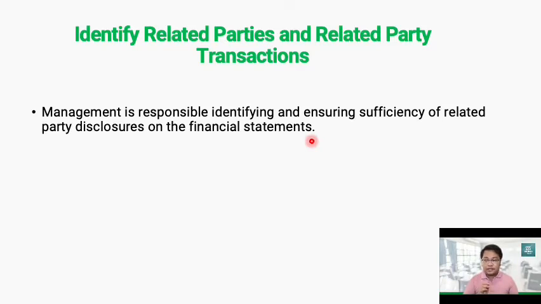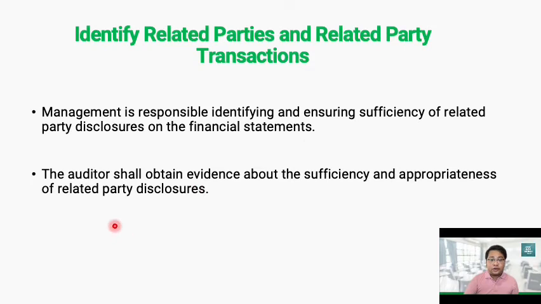Not to mention that some of these transactions do not occur at arm's length. Okay, so that is why appropriate disclosure should be included in the financial statements of a client whenever they have related party companies and or key management personnel, also part of related party, including their family members, and when they have transactions with these related parties, whether there is a price charged or none.